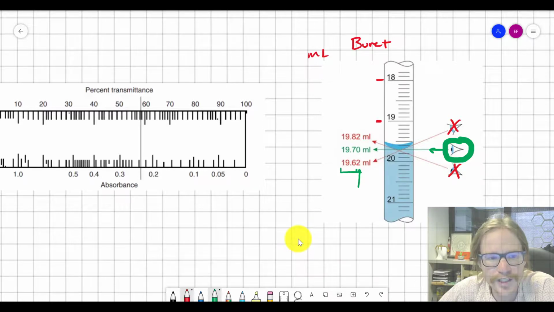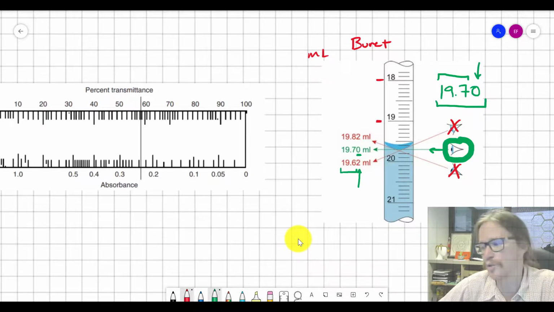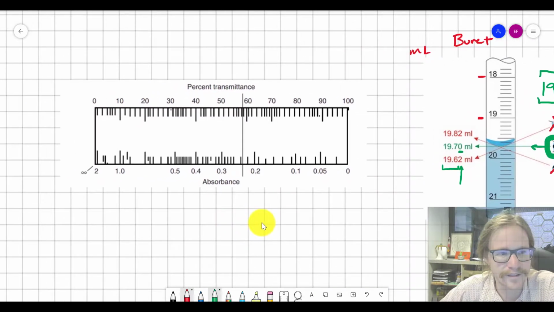And so the fourth digit estimate would be a 0 here. So we'd have 19.70, all digits being significant, the first three being absolute, and the last one being our best guess, which is still not random, which makes it significant. So that's how you would read a scale in the same way that you would read a graph, and the same would be true for, for instance, a scale like this.